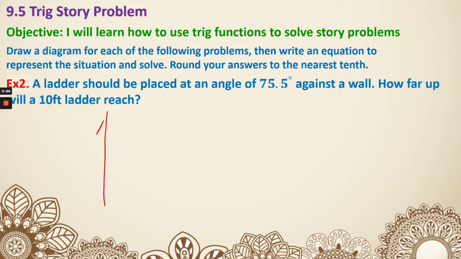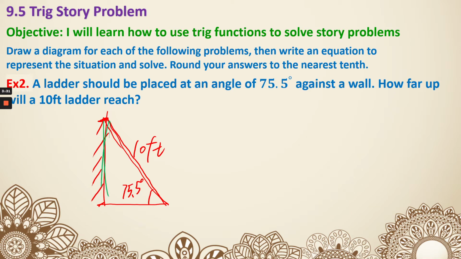So here's a wall, and let's say here's your ladder. And that ladder is placed at 75.5 degrees against the wall. If the ladder is 10 feet, it's asking how far up will the ladder reach. So it's asking for this section.